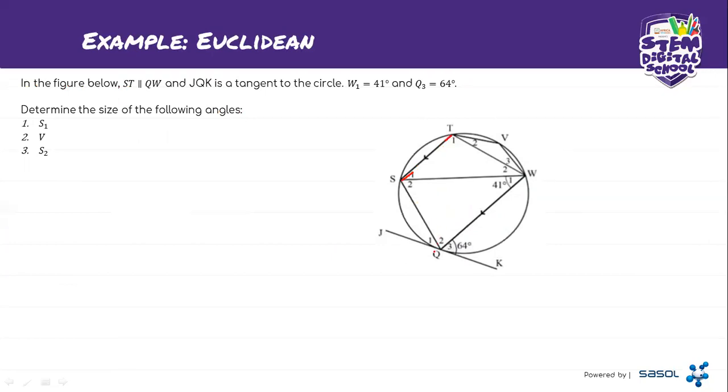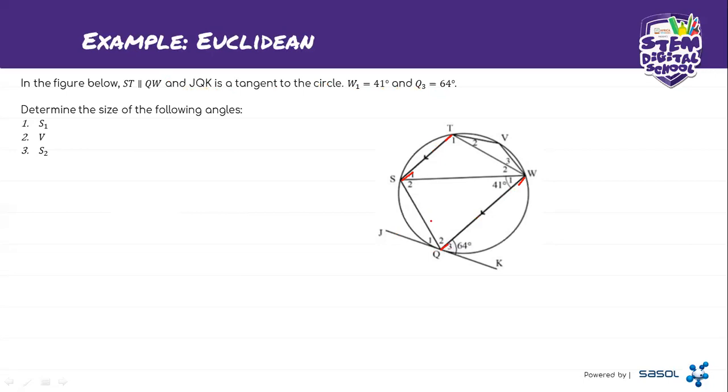I think it's parallel. Actually, it's parallel to QW, all right. And then JQK is a tangent to a circle, and angle W1 equals 41 degrees, and angle Q3 equals 64 degrees.